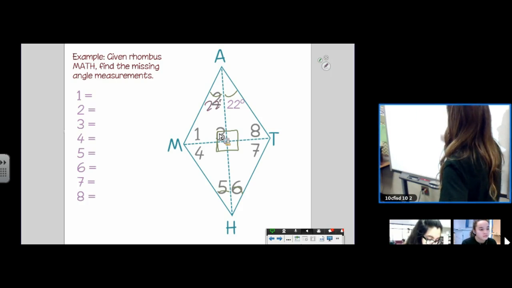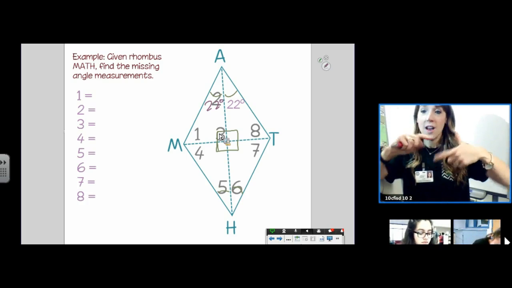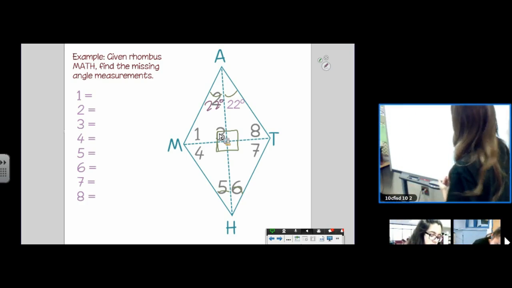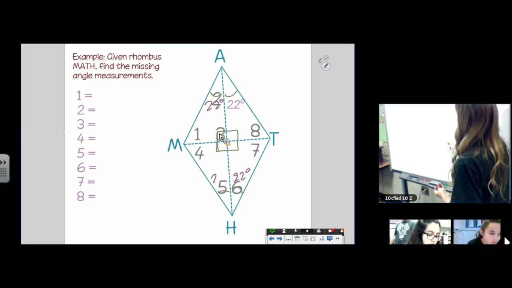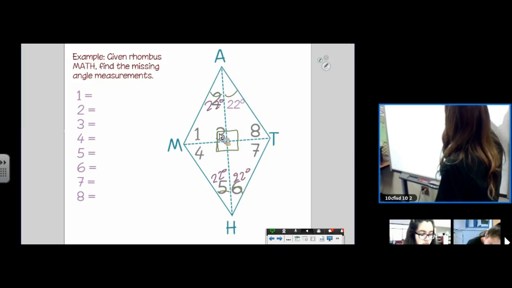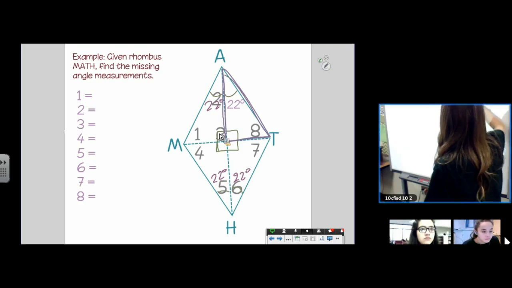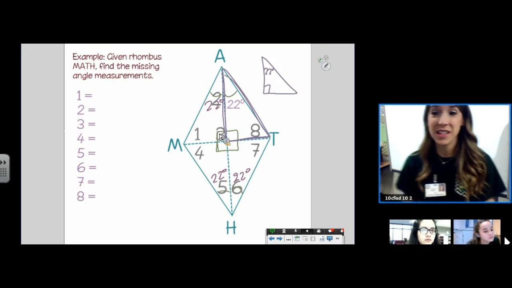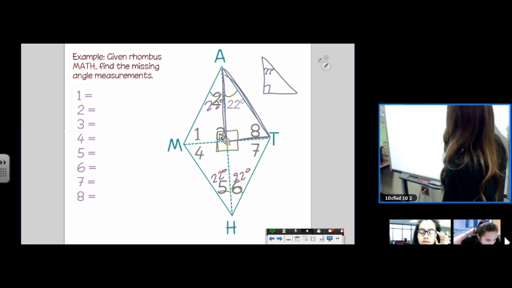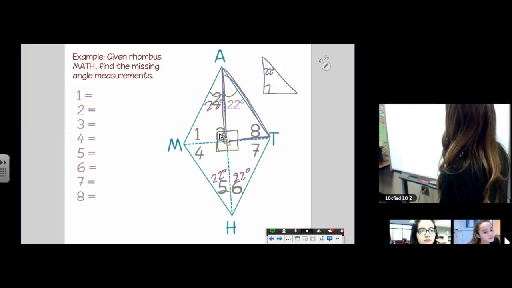So let's just start finding all the missing angles. 22, 22. Oh, in a parallelogram, opposite angles are congruent. A rhombus is a parallelogram, so 22, 22. All right, one way to find angle 8 would be to look at this right triangle right here. When you have a right triangle and you know one of the acute angles, you can just subtract that angle from 90, actually. 90 minus 22 will get us 68.